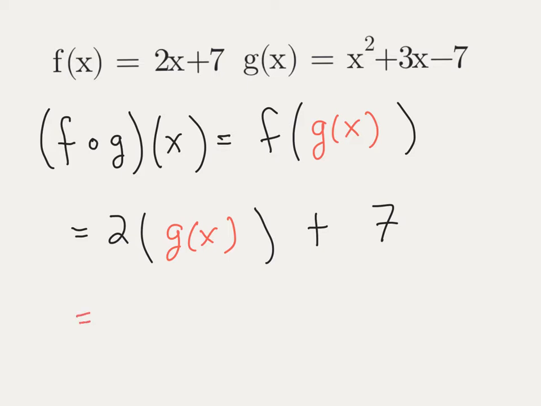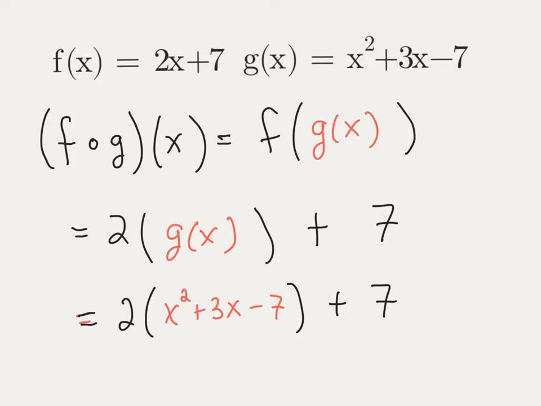All right, so let's make it our black text again. So this is 2 times whatever is on the input plus 7. And g of x was x squared plus 3x minus 7.